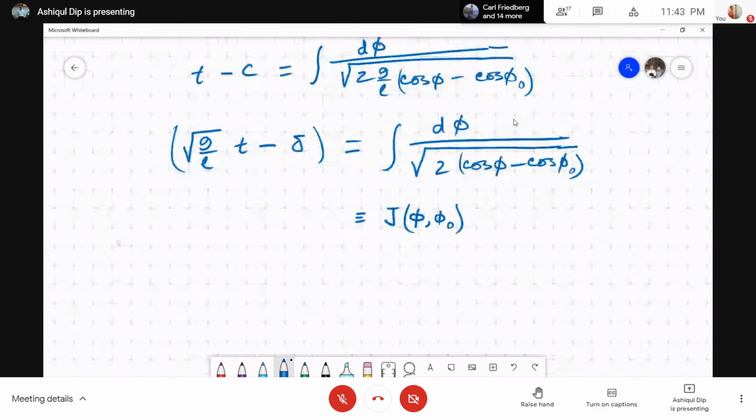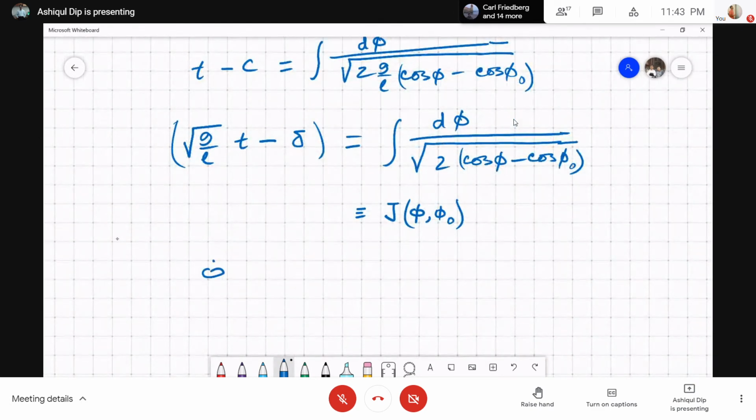So inverting this, we get this thing, the inverse of J. Whatever, this is the solution. So we got a complete solution to the pendulum problem for an arbitrary initial angle.